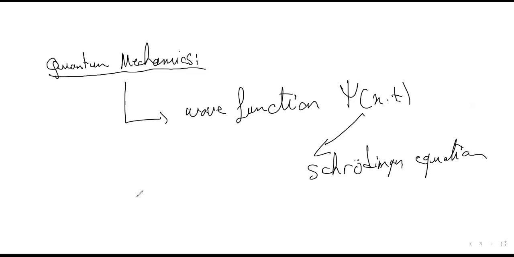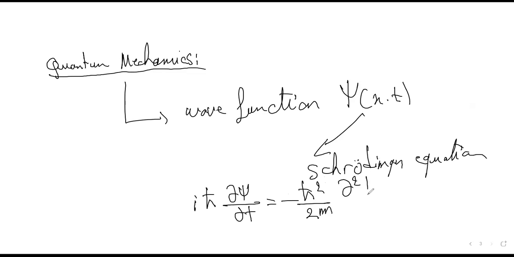And the Schrödinger equation is given by this expression. So we have i h bar, the derivative of psi with respect to the time, which is equal to minus h bar squared over 2m multiplied by the second derivative of psi with respect to the x dimension, plus the potential V times the psi function.